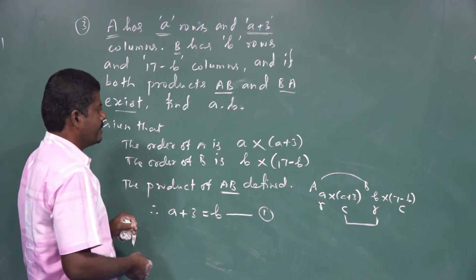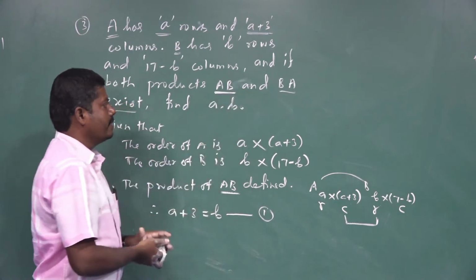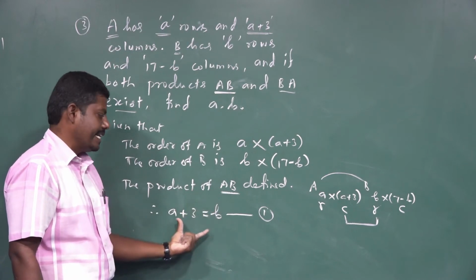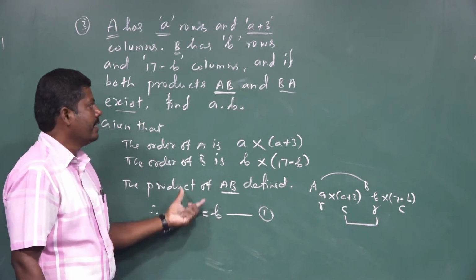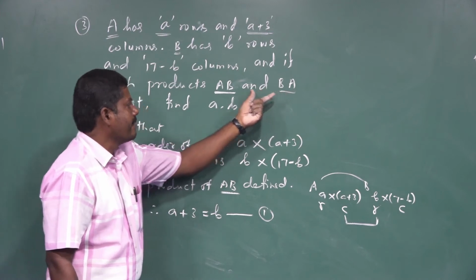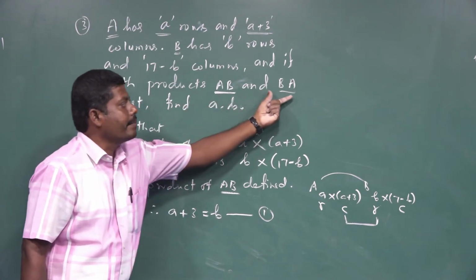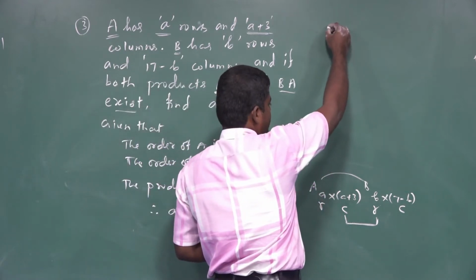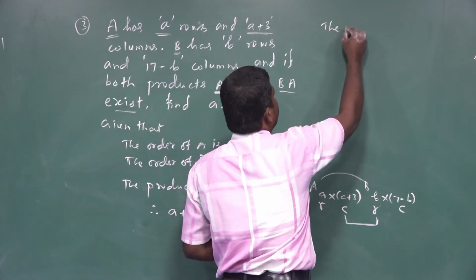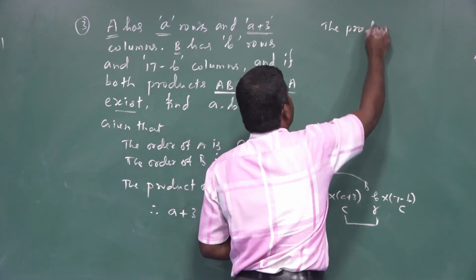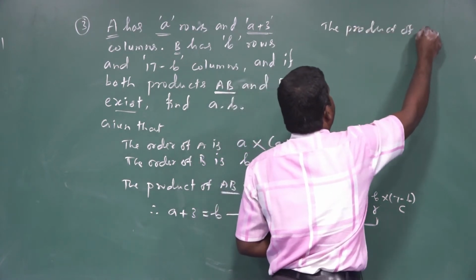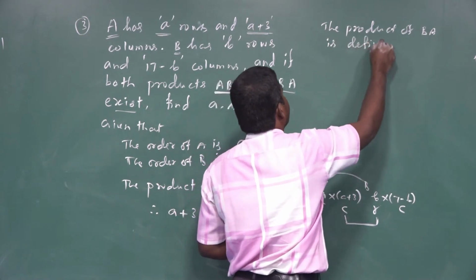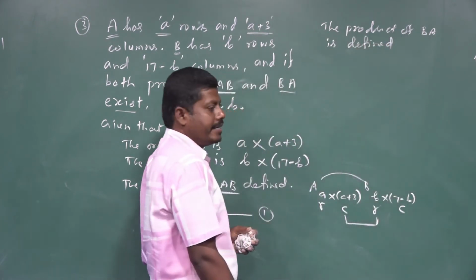You come to the next. The product of AB is possible, given. From that we take one equation. Next, the product of BA is also defined.